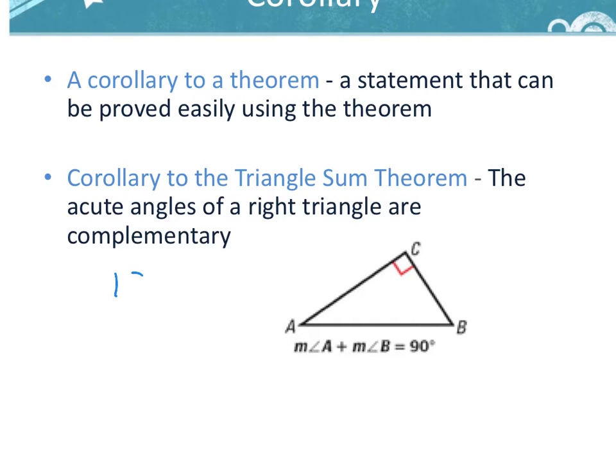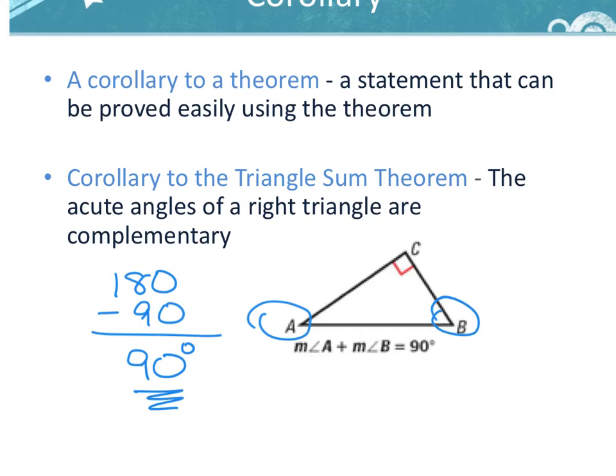So if I take that 180 and subtract out the right angle, that leaves me 90 degrees for the other 2 angles. And if you remember, when you have 2 angles and their sum equals 90 degrees, those are complementary angles. So the 2 angles that are not the right angle are always going to be complements. They're always going to add up to 90 degrees.